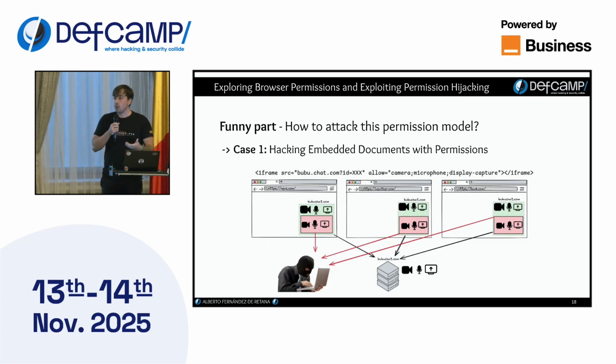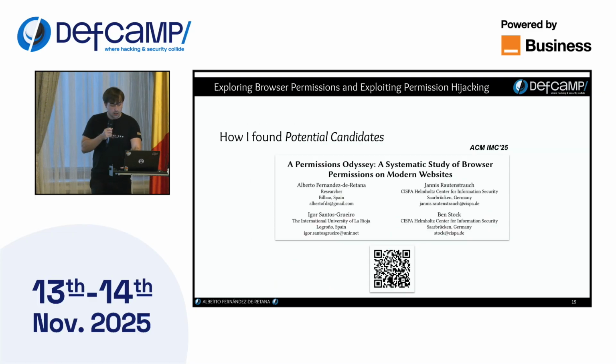So how can we find these potential candidates for exploiting them? This was also part of an academic research, and in this paper, published at the academic conference ACM IMC 25 this year, we crawled the top 1 million websites.